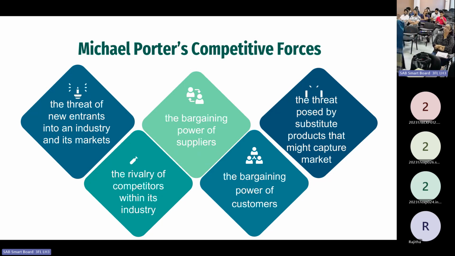When you're bargaining, the bargaining power depends on the number of suppliers. So what do you think? If we have a lot of suppliers, will the bargaining power be high, or if we have only a small number of suppliers, will bargaining power be high?